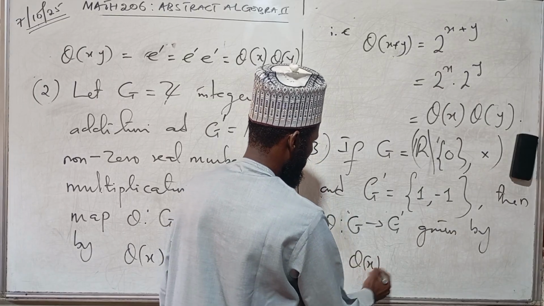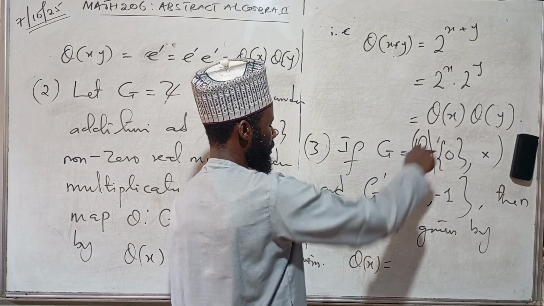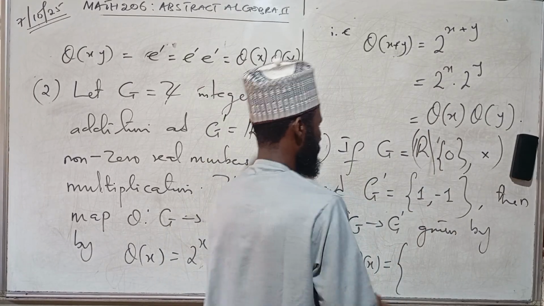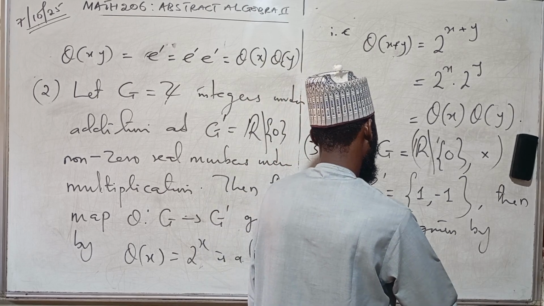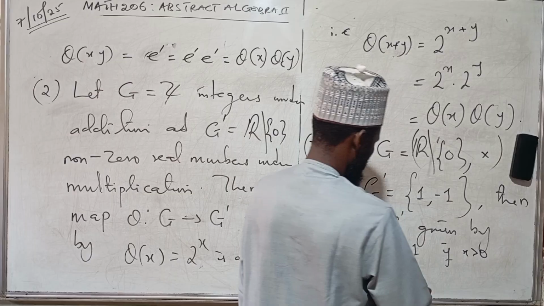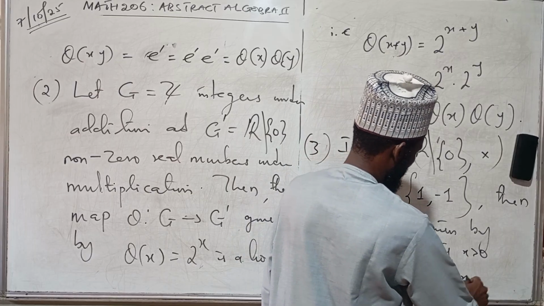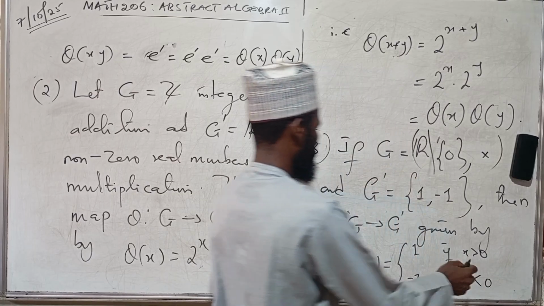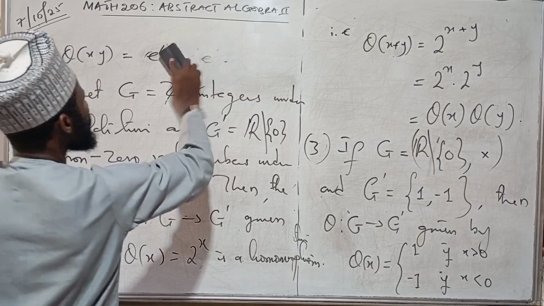Then theta from G to G prime given by theta of x, if you take any element, a real number, non-zero, to be 1 if x is positive, to be minus 1 if x is negative. This thing is a group homomorphism.